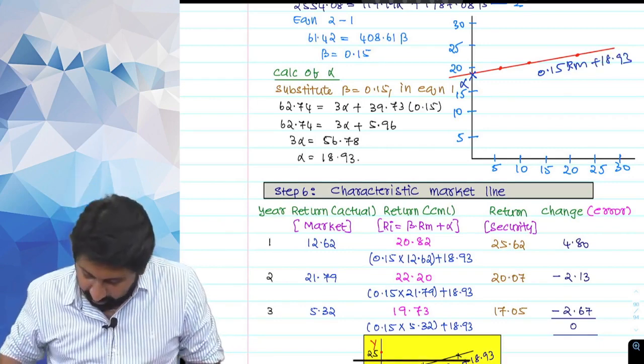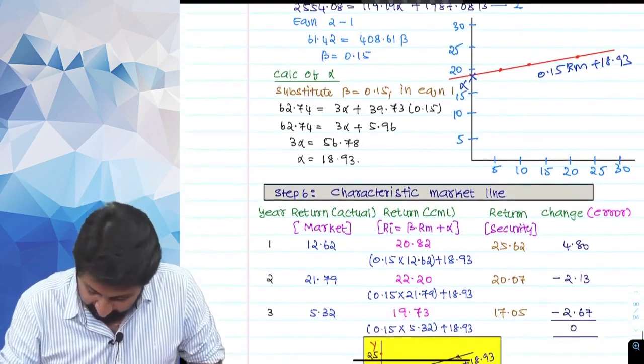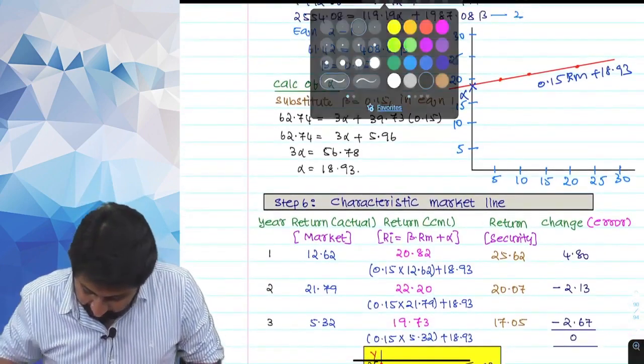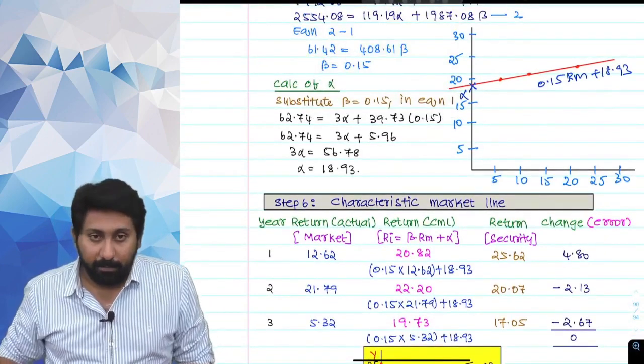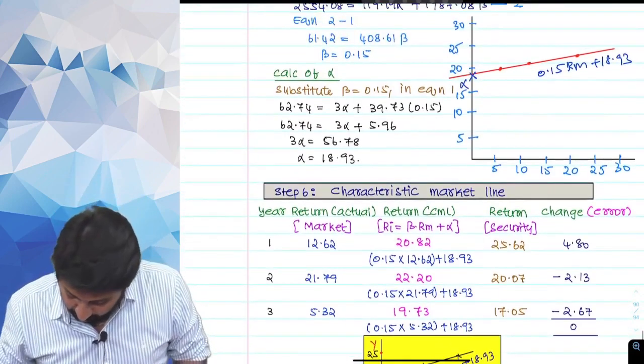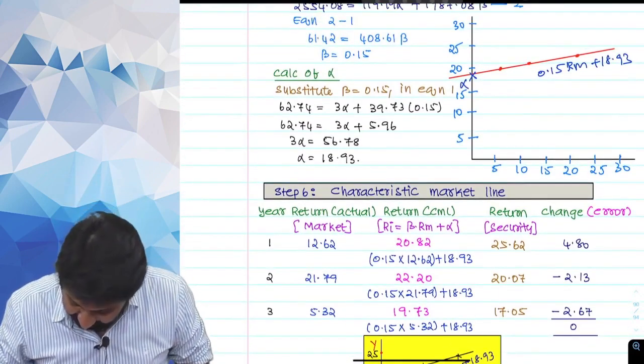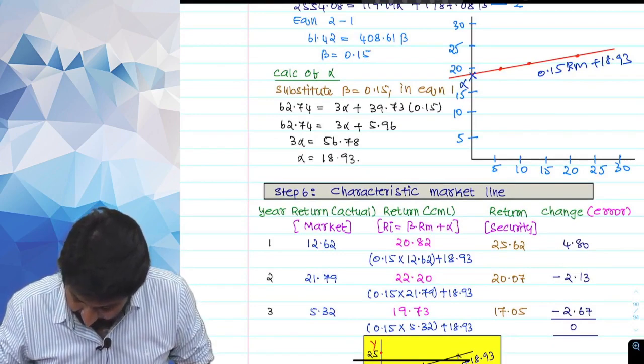Real returns, if you plot them on a graph, how will they look? I am using a black pen. Listen. Return is 12.62, but actual return is 25.62.